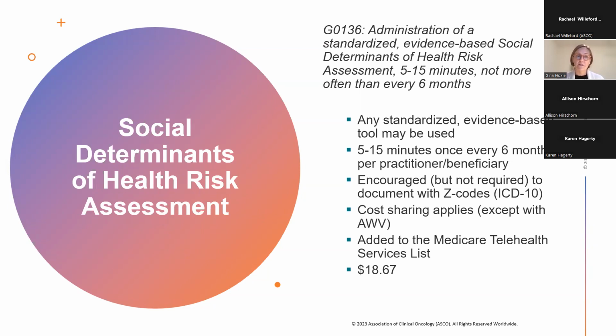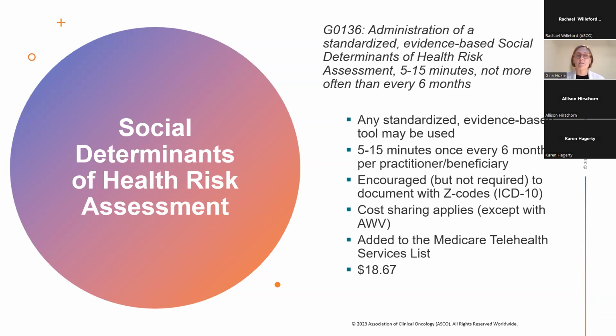So in this year's proposed rule, CMS has proposed and now finalized a set of 3 different codes to address different health equity needs. The first one is a social determinants of health risk assessment. So CMS has finalized that they will reimburse for those times when you administer a standardized evidence-based risk assessment.